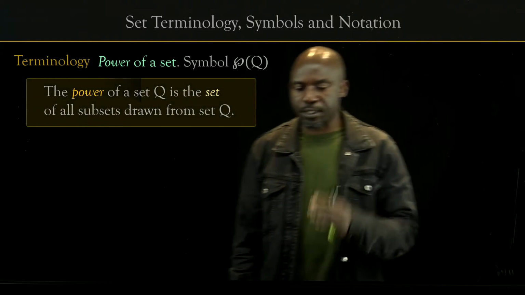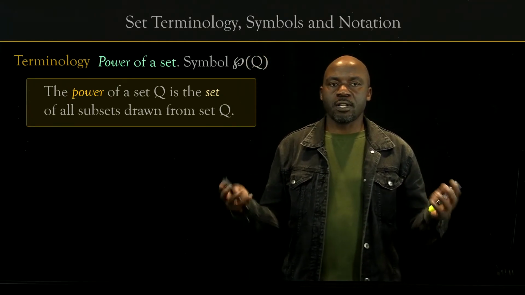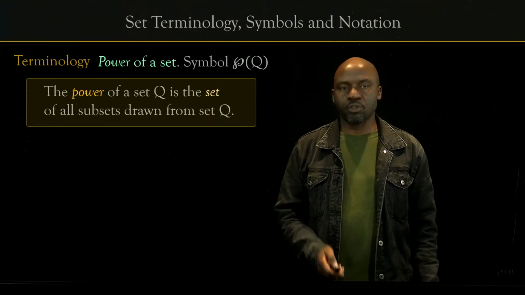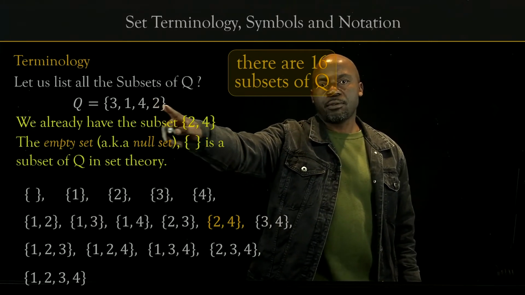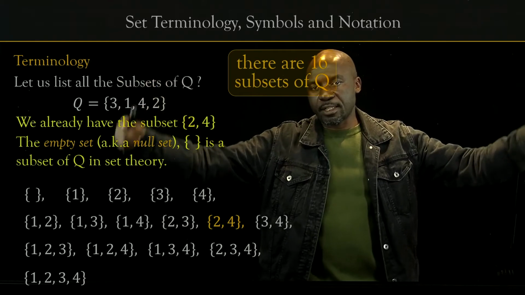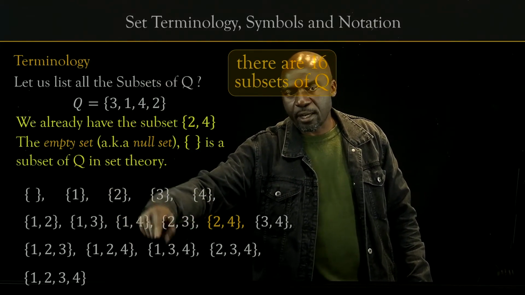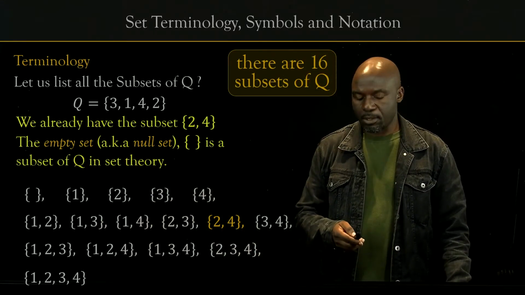The power of a set refers to a type of set which contains all the subsets of the given set. In the previous section we just determined the subsets of Q. If we put all these subsets in a bigger set, as though they are elements of that bigger set, they form what we call the power set.